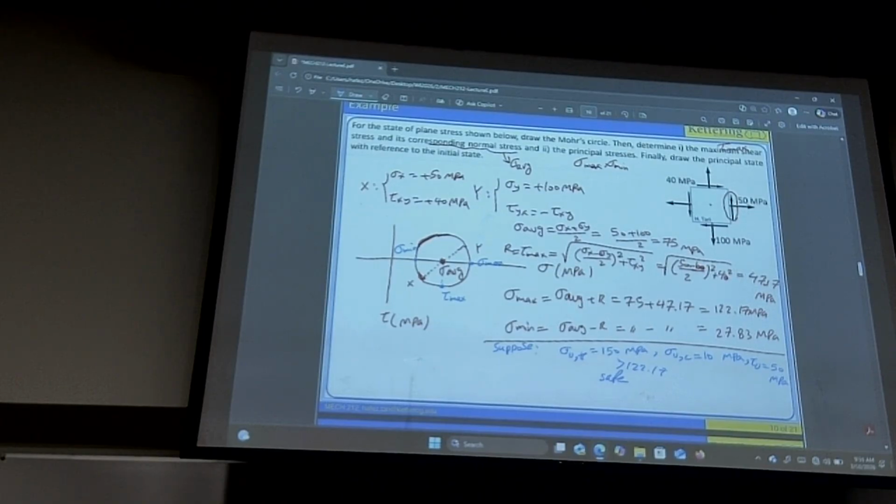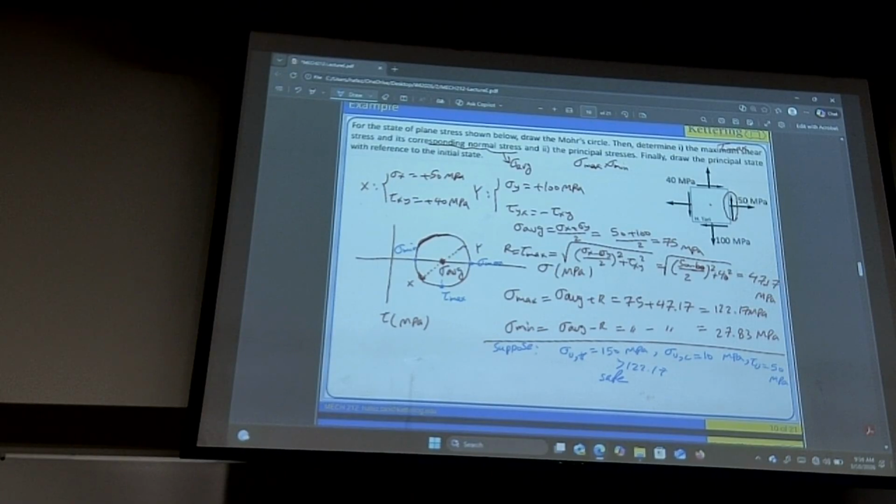Sigma UC is 30. It is safe. And what's your reasoning? Which number are you comparing with? Oh, sorry, no, that's not it. It's down here. Take it again. It's 27.83.